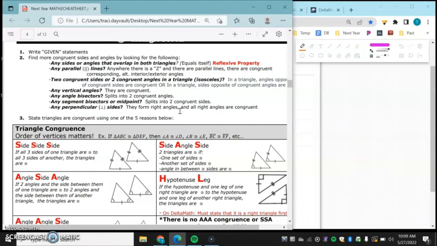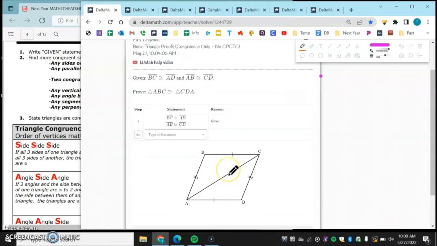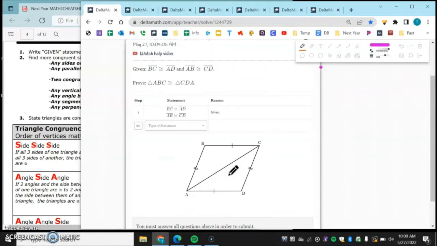To find more congruent sides and angles, this is kind of a checklist that it might help you to go through. The first thing we ask ourselves is, are there any sides or angles that both of these triangles share? Yes, they share AC. That is equal to itself.